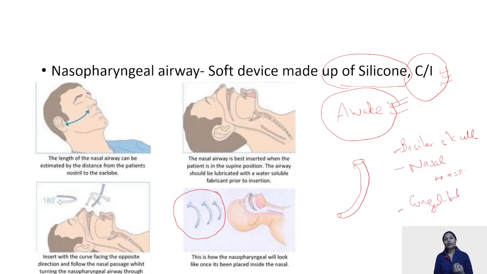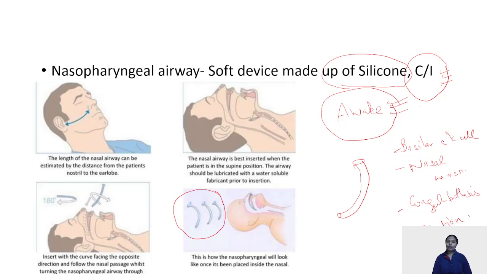In patients who are very prone to bleeding, kindly don't insert an NPA because your nose is a highly vascular structure and thus it can lead to epistaxis. And lastly, if we have any active infection of the nose, because this can propagate bacteremias. Thus, we don't use NPA in those cases.